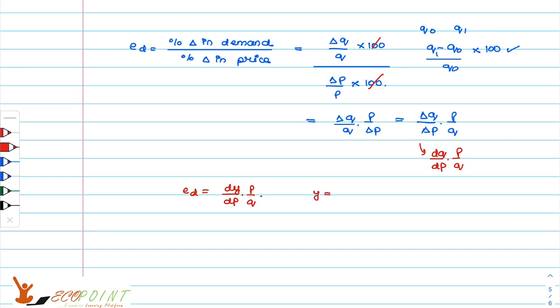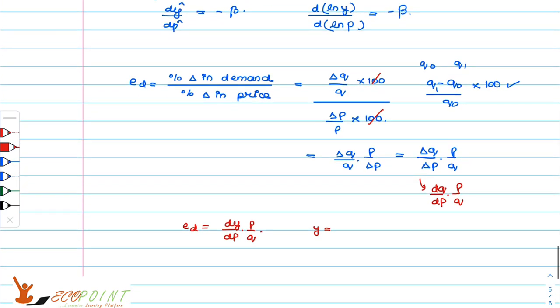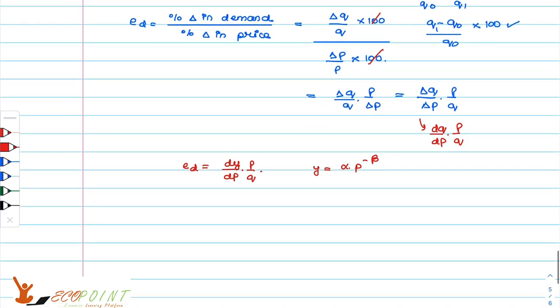So you have y equals alpha into p to the power minus beta. So dy by dP is alpha into minus beta into p to the power minus beta minus 1.